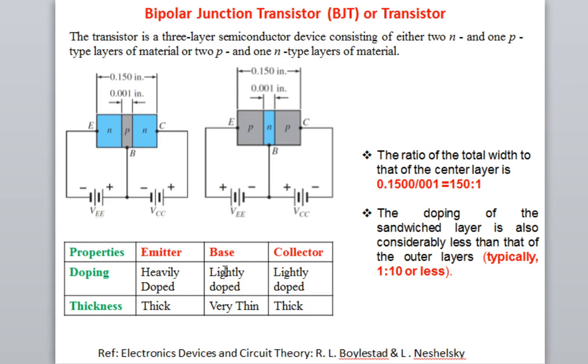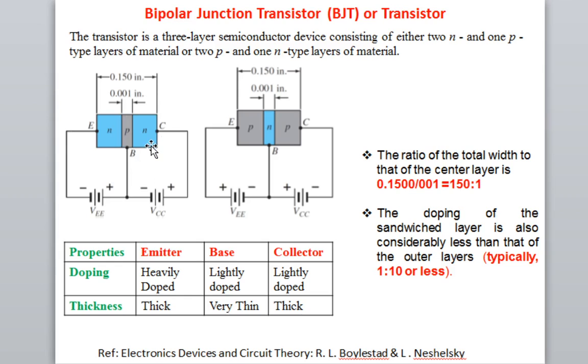Remember, the basic difference between emitter and base is that the emitter is heavily doped and the base is lightly doped, and the collector is lightly or moderately doped. So this is the doping. That is why a collector will never be called an emitter and an emitter will never be called a collector, though in the diagram they look quite similar.